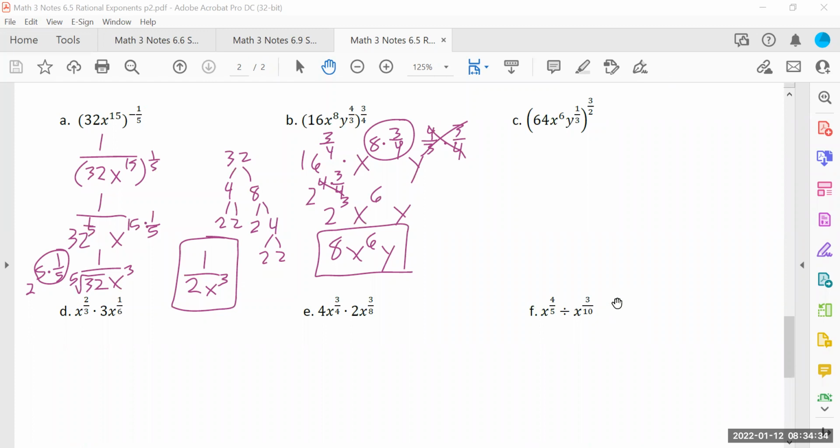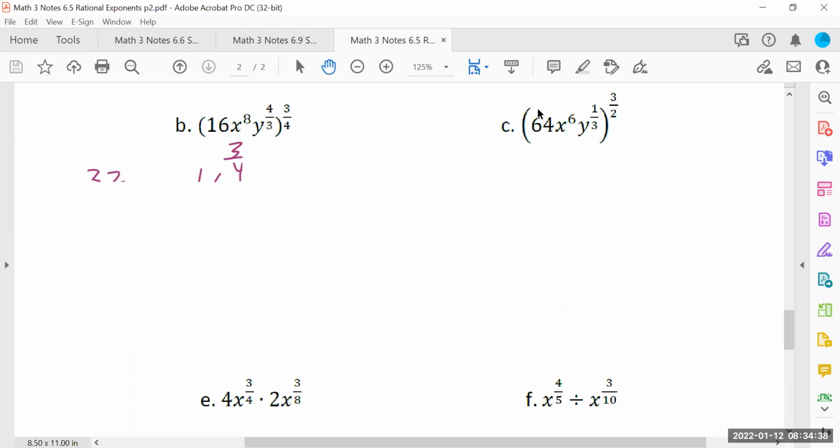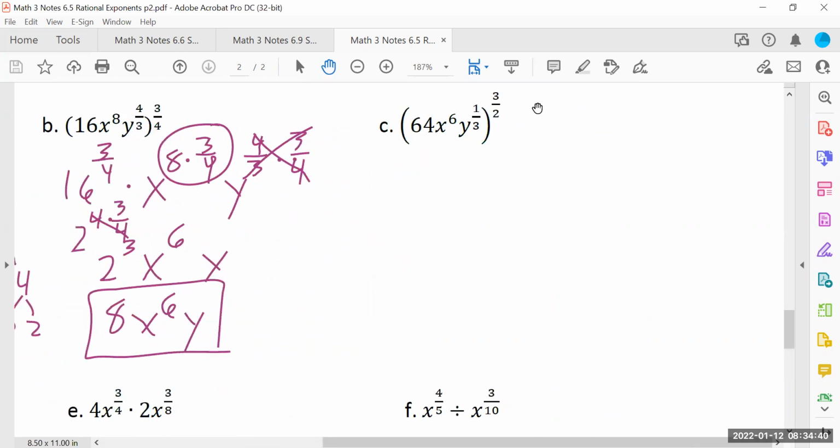So let's look at letter C. Letter C has three terms, right? We've got the 64, we've got the X, and we've got the Y. Each of those needs to be raised to the 3/2 power.